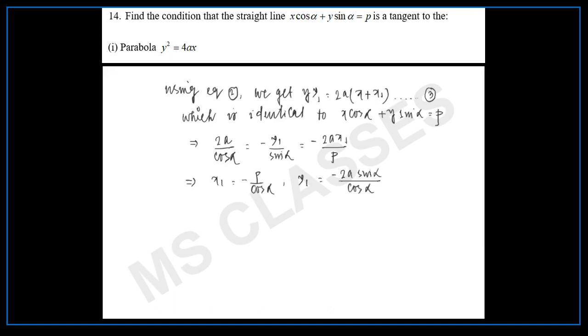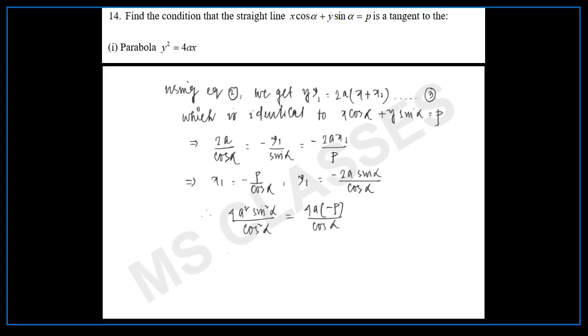Now, since x1, y1 will satisfy the equation because this is the point of contact, we get that 4a square sine square alpha by cos square alpha equal to 4a into minus p by cos alpha.